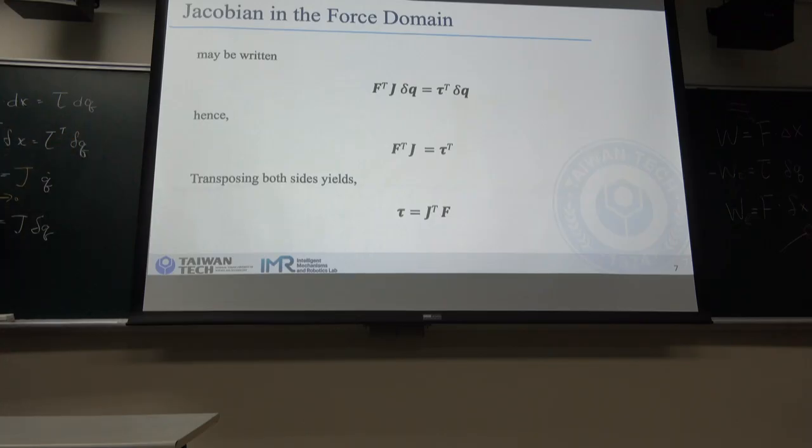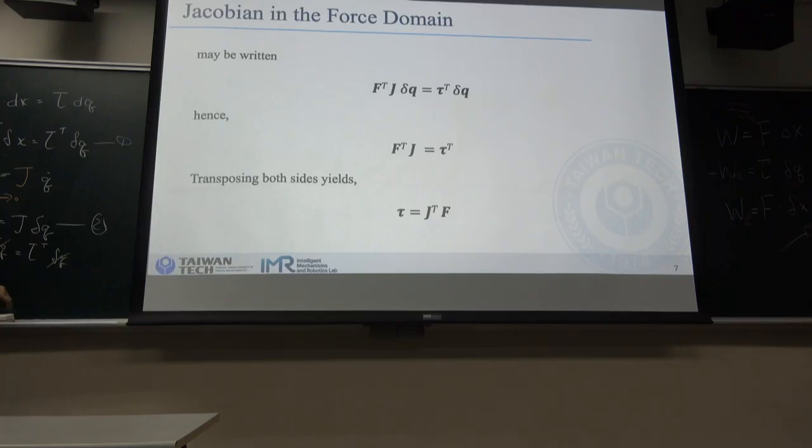So if we substitute the Jacobian into our equation 1, then we can get F transpose times Jacobian delta Q equal to torque transpose times delta Q. So the delta Q can be cancelled out.